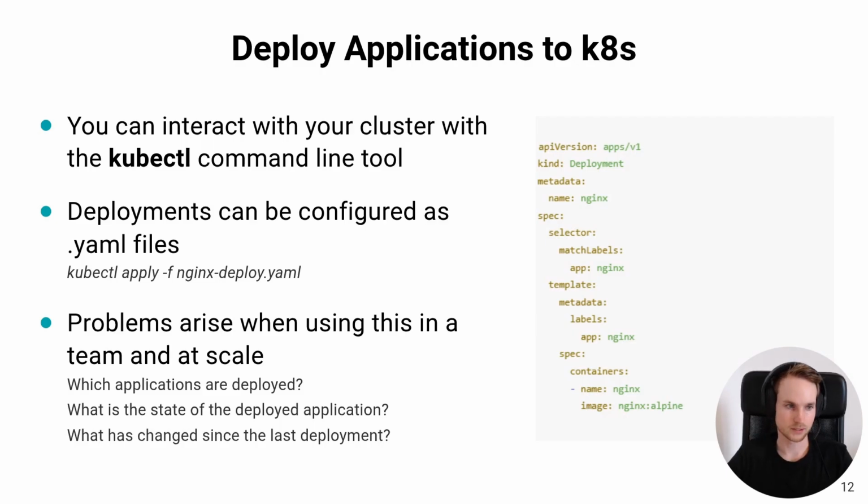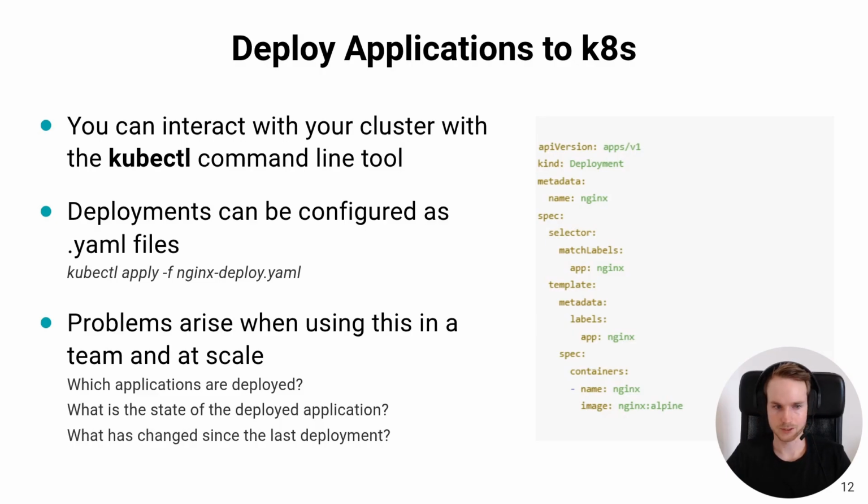And then we can run kubectl apply and pass that file, which will send the request over to the cluster's API server and then perform a deployment. In our example, we will create the Kubernetes resource deployment, which will in the end run a container with the Nginx container image, so a basic web server.